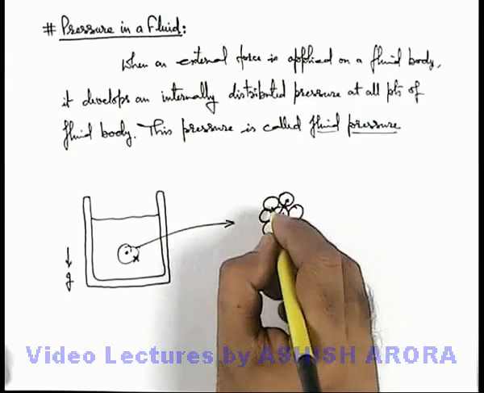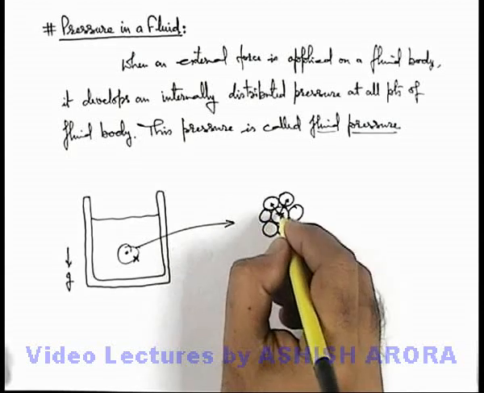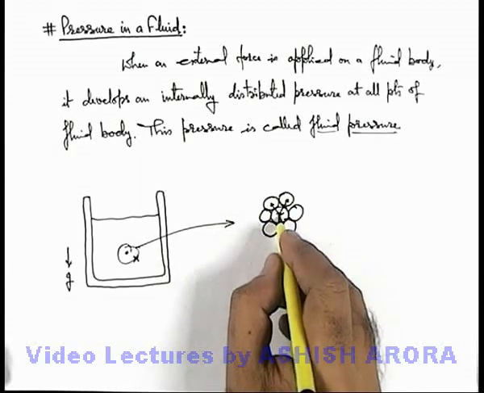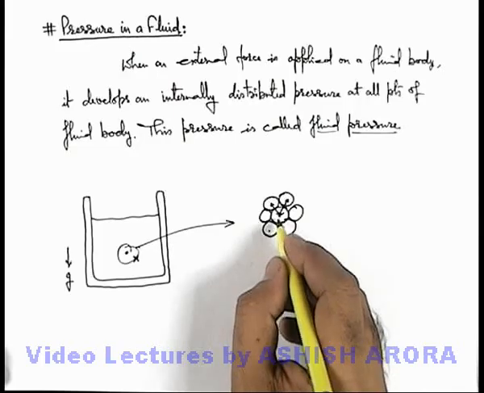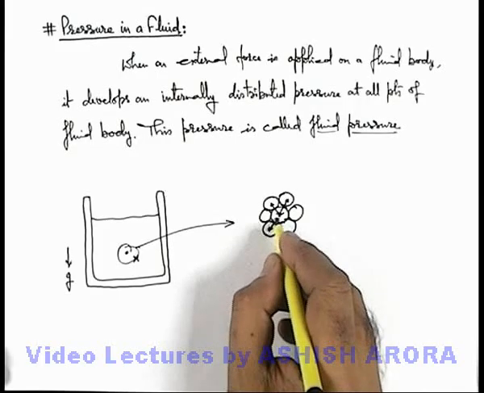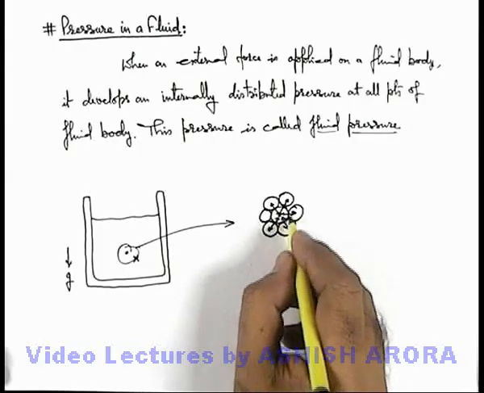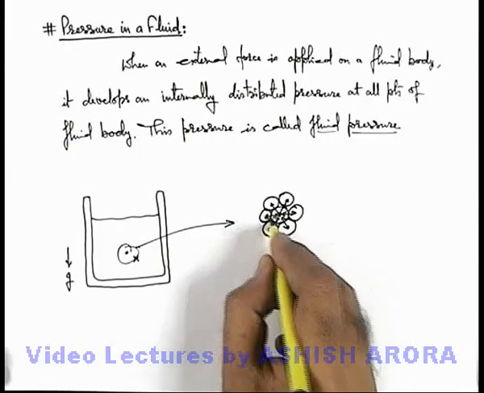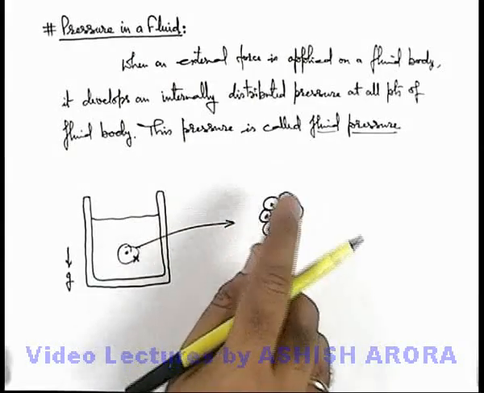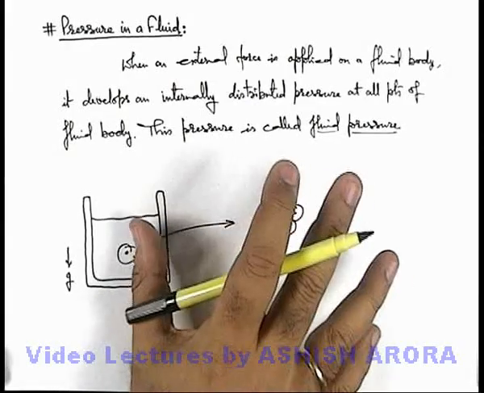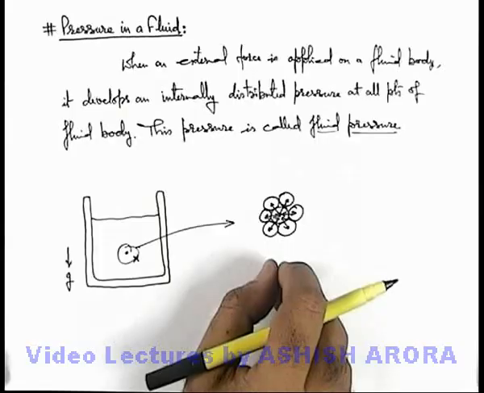So a contact reaction is developed here. Not only that, point X will be pushing the particles below X in a downward direction. So another contact force is developed here. At every point, all those particles are pushing the point X in an inward direction, and point X is reacting on other particles in a radially outward direction.